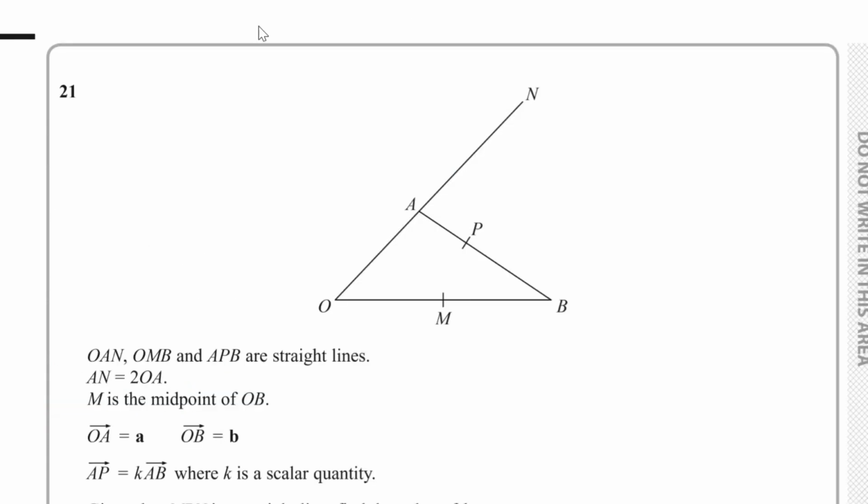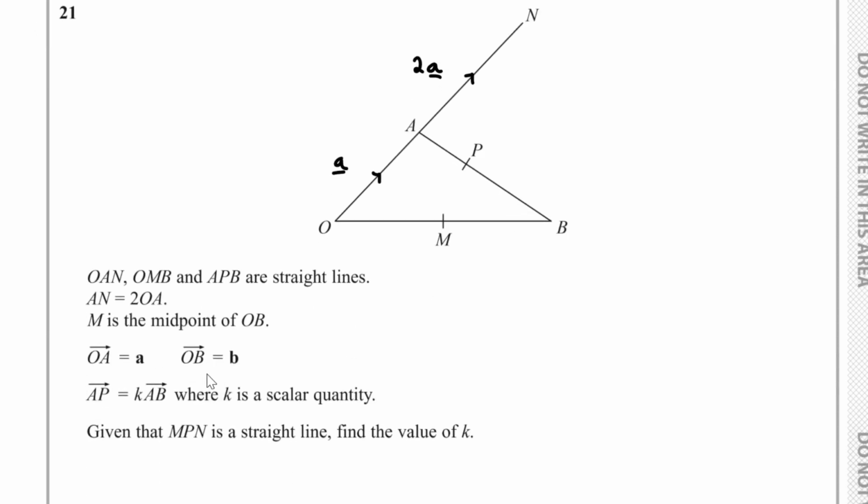Question 21. OAN, OMB and APB are straight lines. AN is twice OA and M is the midpoint of OB, and we're given that OA is equal to a. So here we have a. So here we would have 2a because AN is twice OA, so here we've got 2a.